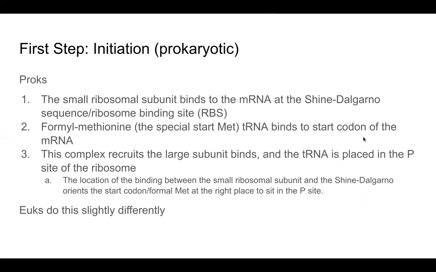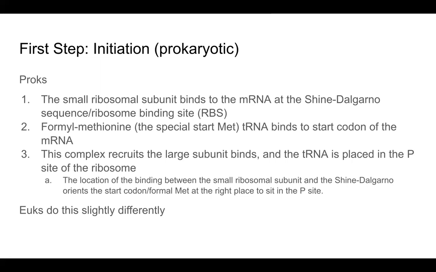Yeah, I think it's basically that in prokaryotes, the order is the small subunit and then the tRNA and then the large subunit. In eukaryotes, the order is the small subunit finds the tRNA first, binds to the mRNA, scrolls a little bit until that tRNA reaches the AUG start codon, and then the large subunit comes in.